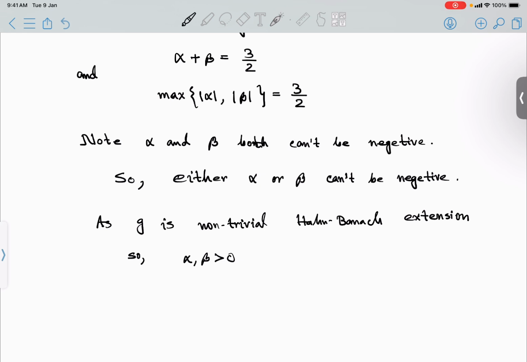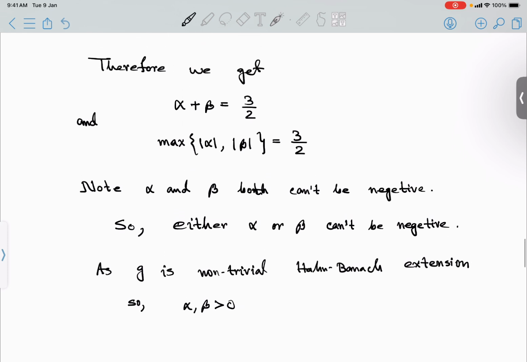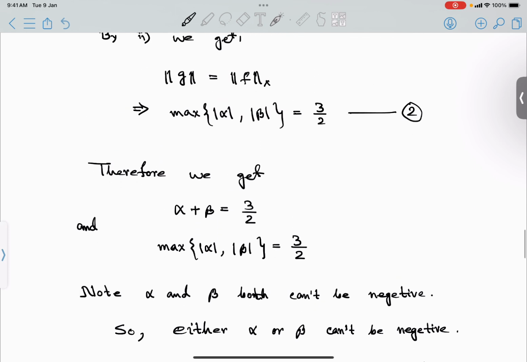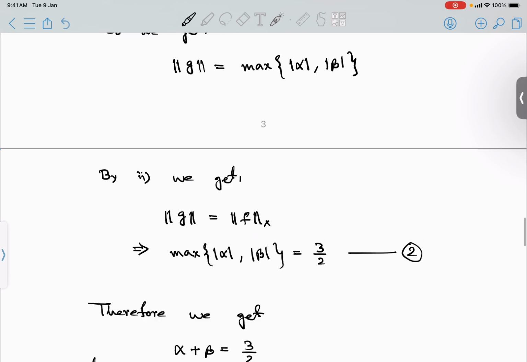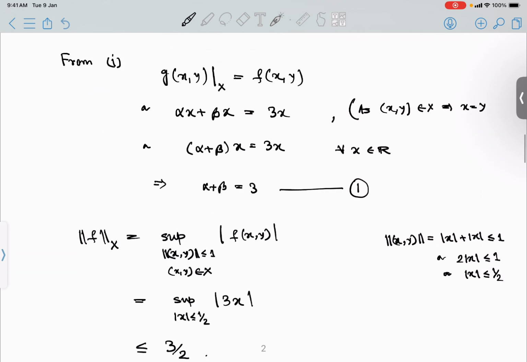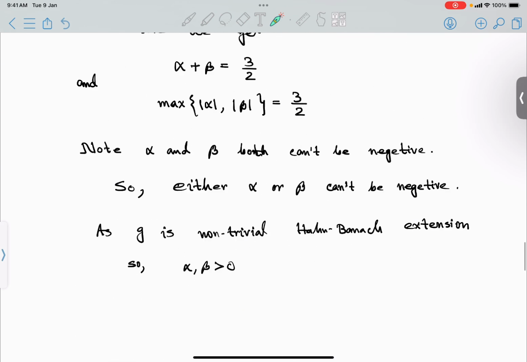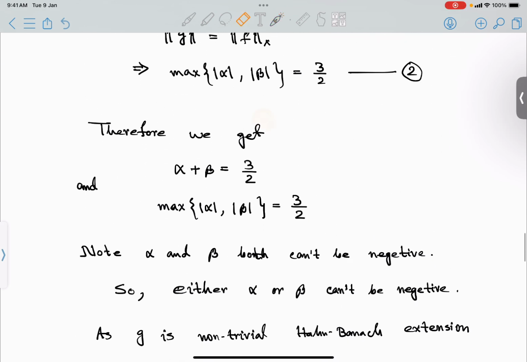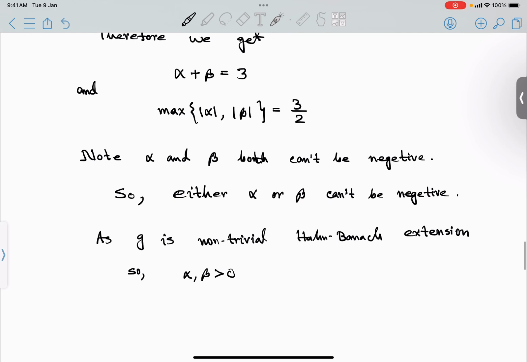No, I think, what is the sum we have got? Oh, I forgot. This sum is 3. That's why I am getting confused. This sum is 3. So what will be the possible values of alpha and beta?